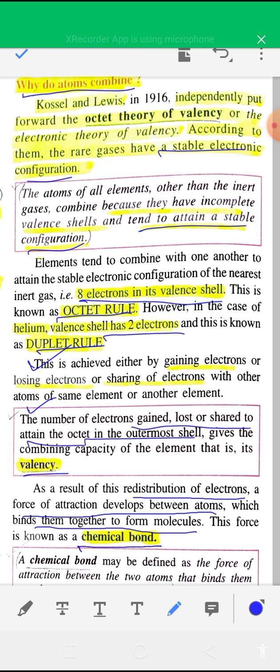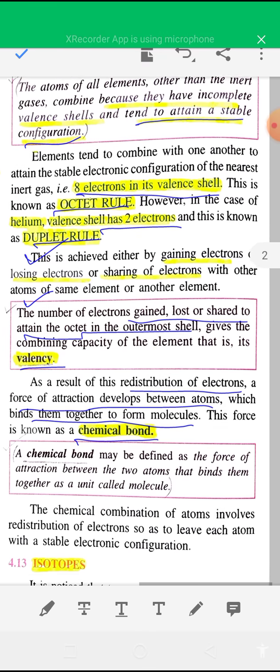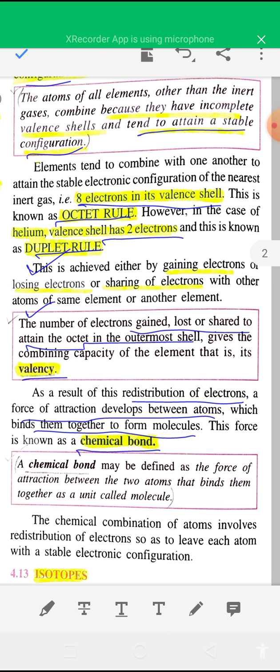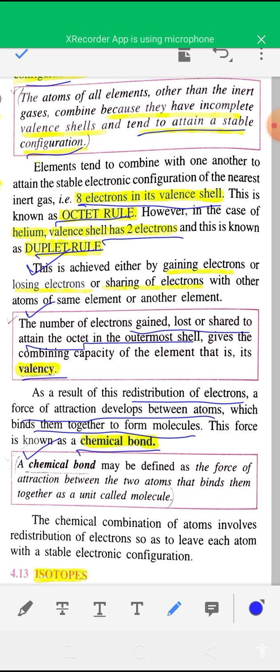This force is known as a chemical bond. So what is a chemical bond? It is a force of attraction. A chemical bond may be defined as the force of attraction between two atoms that binds them together as a unit called a molecule.